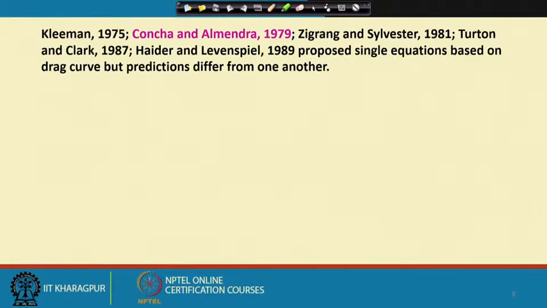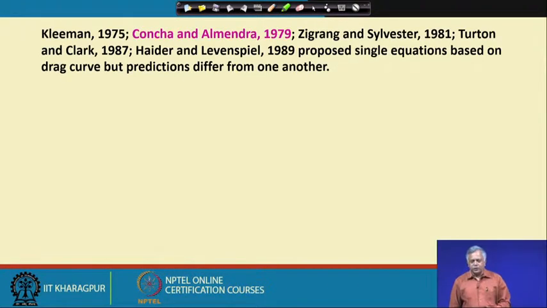Even there are equations, and I will name some of them, which are very famous and well referred to: Kleeman, Concha and Almendra. Concha and Almendra's equation is probably frequently used by the mineral processing community.